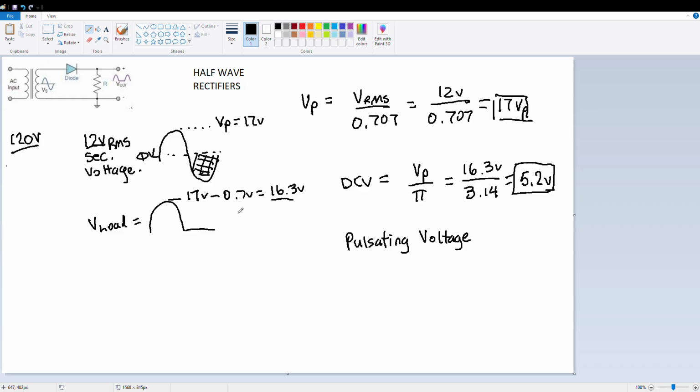Now let's calculate the maximum current to our load and a few other things. The load current will look the same as the load voltage. So I load is going to look the same way like this, provided that the load is a resistive load and is not reactive. Now what we want to do here is calculate the peak current.